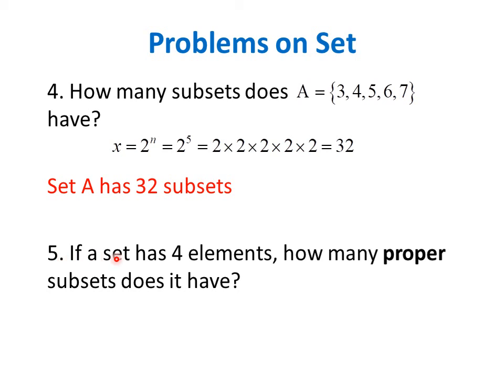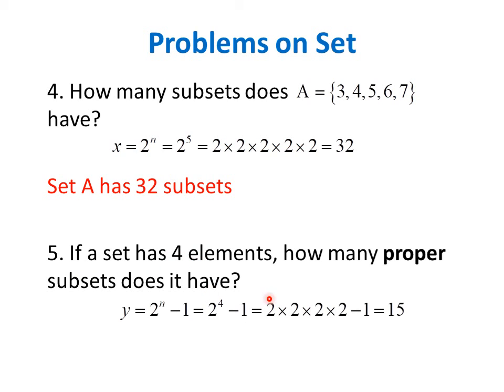Next question, if a set has 4 elements, how many proper subsets does it have? Take note that the question asks for the number of proper subsets only. 4 elements, so n is equal to 4.